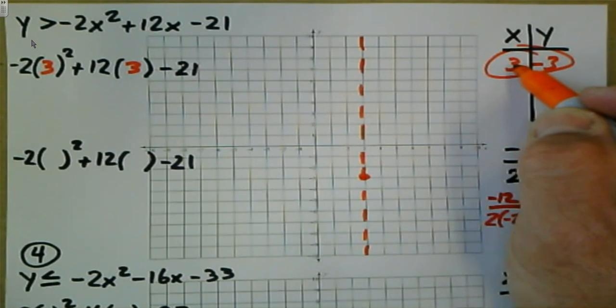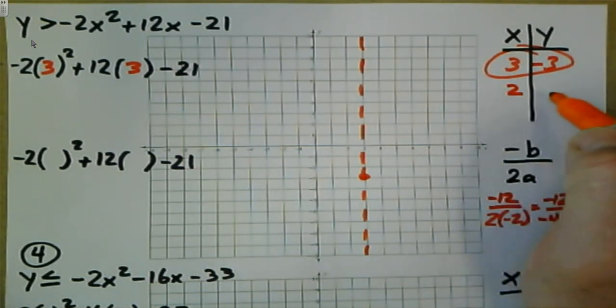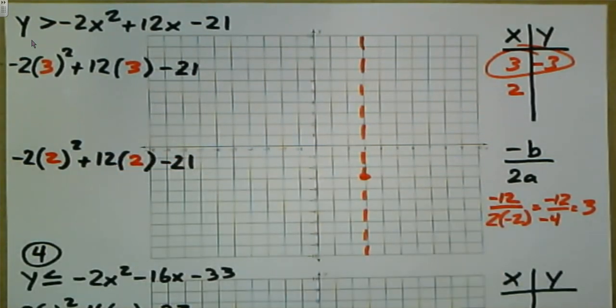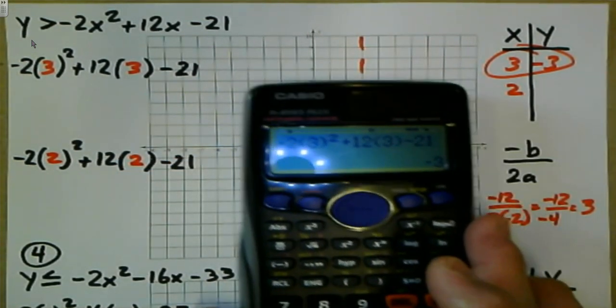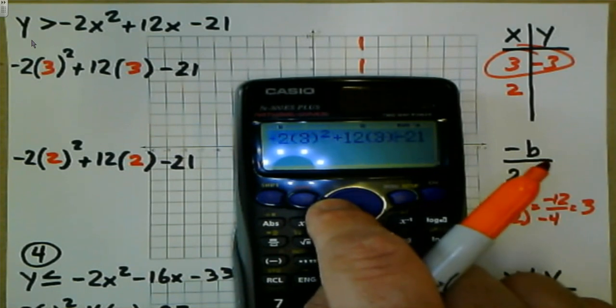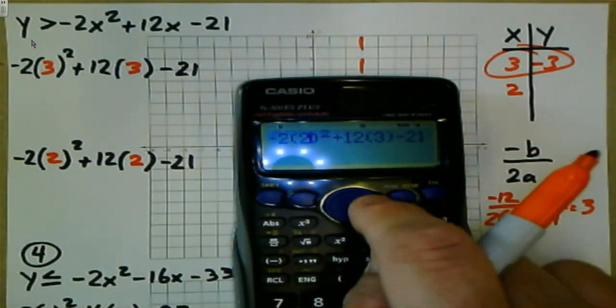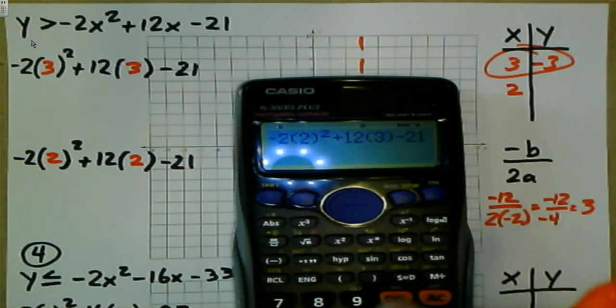Pick the next number. We could count up to 4 or down to 2, and I like 2. Go into our wonderful, fantastic calculators and change our 3's to 2's.